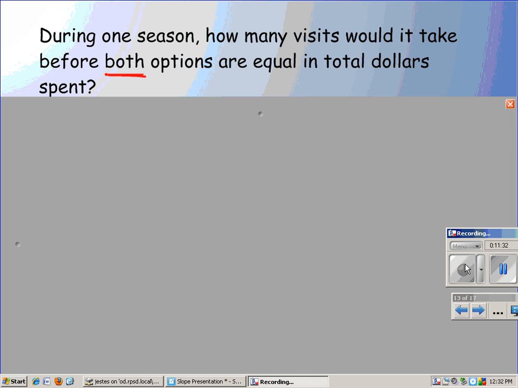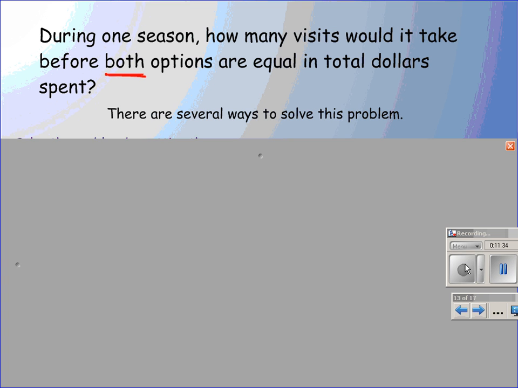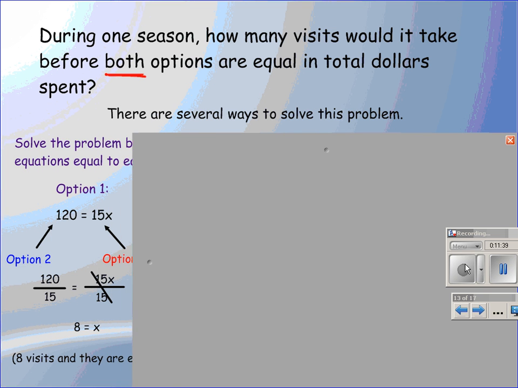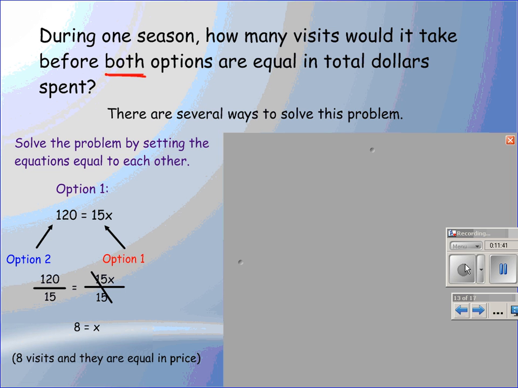Again, there are several ways to solve this problem. The first way is to solve the problem by setting the equations equal to each other. So 120, that's option number 2, and 15x is option number 1, and we set them equal to each other.